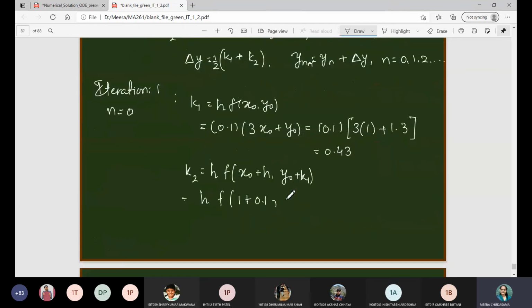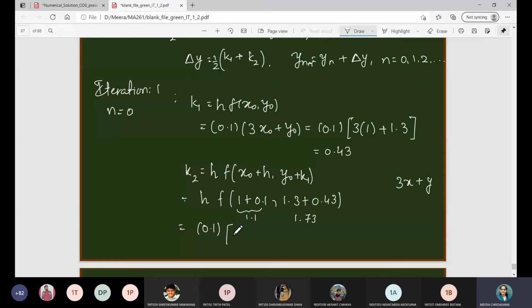So 1.3 plus k1, the last iterated value, this one. So it is 0.1, the function at 1.1 and 1.73. The function we are given is 3x plus y, meaning I have to substitute x coordinate as 1.1 and y coordinate as 1.73.